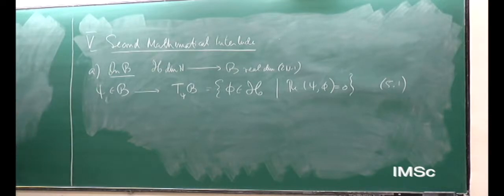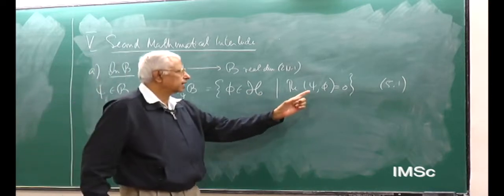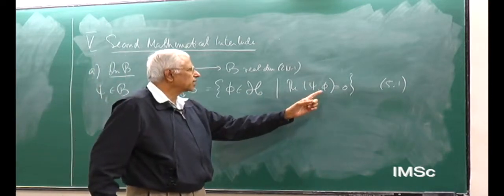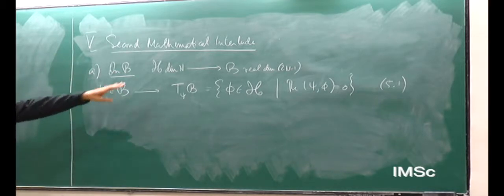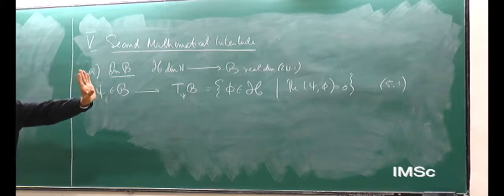Psi is a unit vector. It denotes a point on the space B. Phi is a possible tangent vector to some smooth curve on B, passing through psi. So in this expression, psi is always a unit vector, phi is any vector of any length in the Hilbert space for which this condition is satisfied.